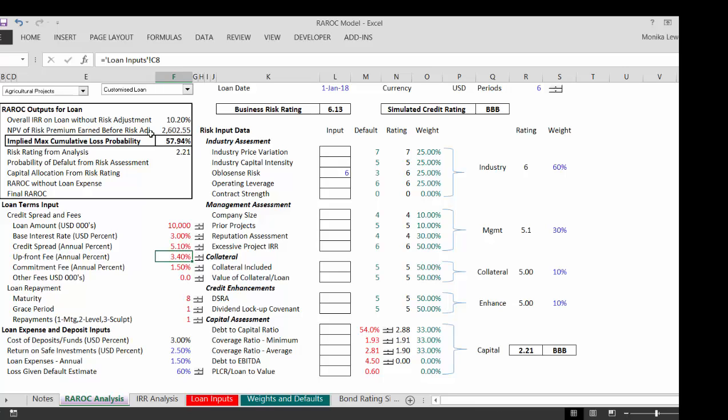So you can see what this has done. And you can see that if you have a longer tenor, you can accept an incredibly high probability of loss. If we put a higher commitment fee, we can, and I don't know why I put the higher upfront fee in here.